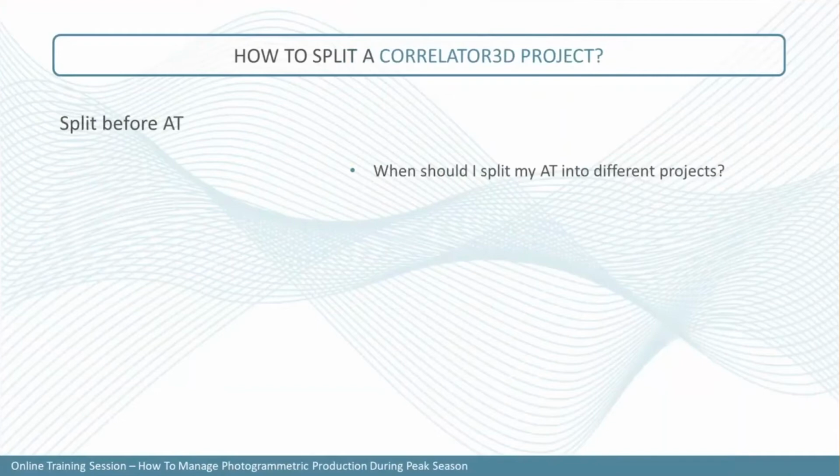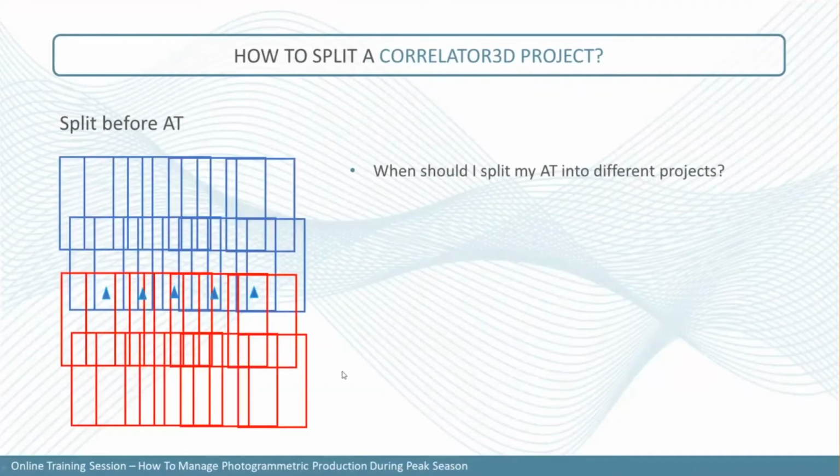So the first one would probably be to split a project before the AT. This is kind of a challenging question because if you want to split before the AT, but you're going to have a continuous block, you've got to make sure that you have a good overlap between both blocks to make sure that there's not going to be any shift between blocks, and everything's going to be good during the DSM generation and also the ortho creation.